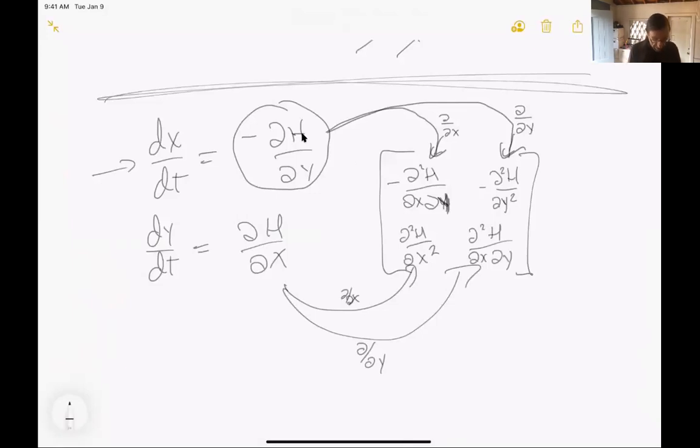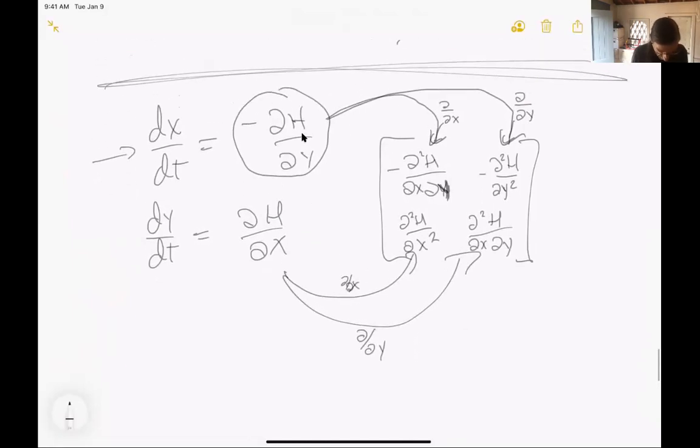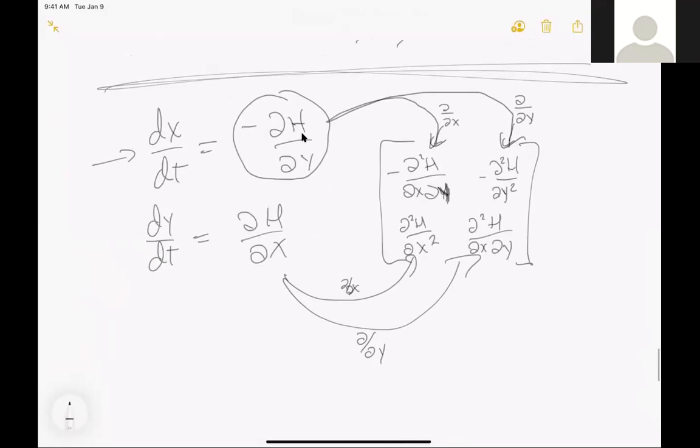So we can look at this a little more closely. Professor, is that if and only if, or is the statement only that if you have a Hamiltonian, then you have that?